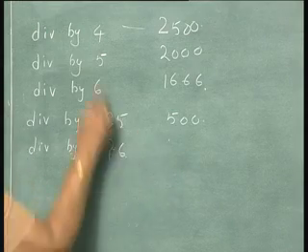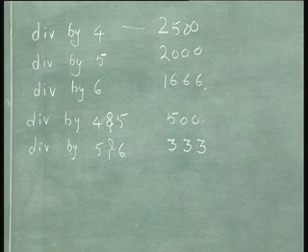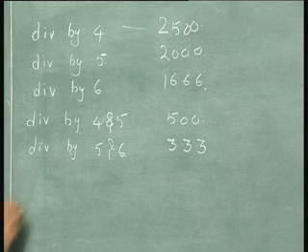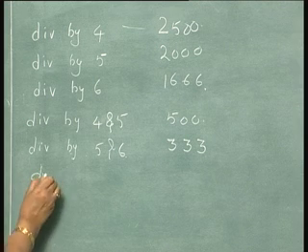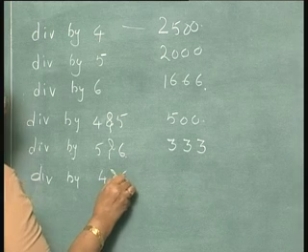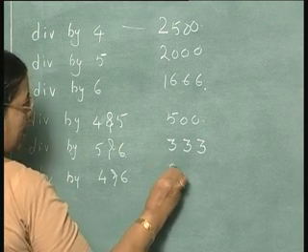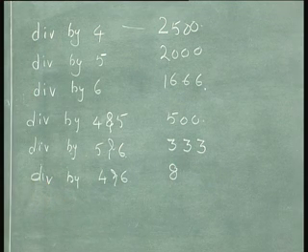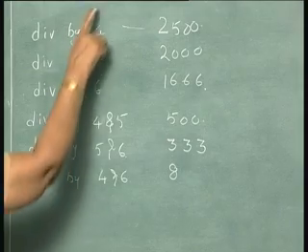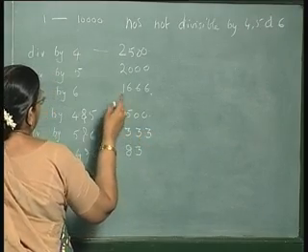If we divide by 30, it will be 333. How many of them are divisible by 4 and 6? You must consider divisibility by 12. If you divide this by 12, it will be 833.